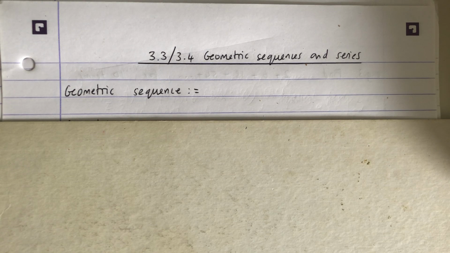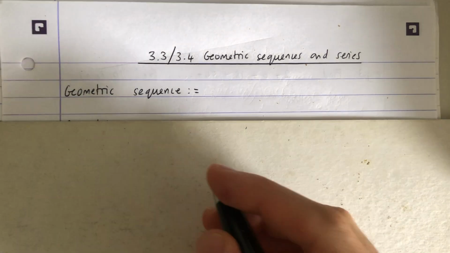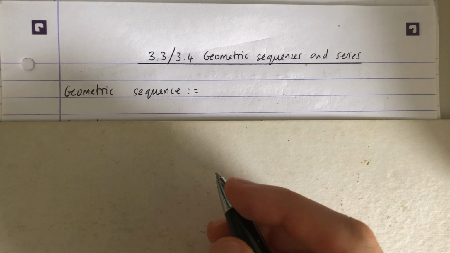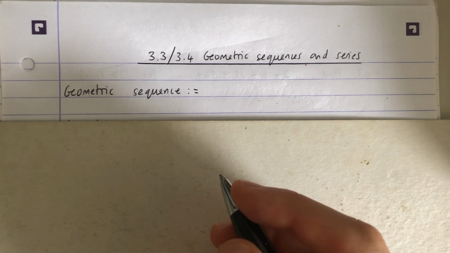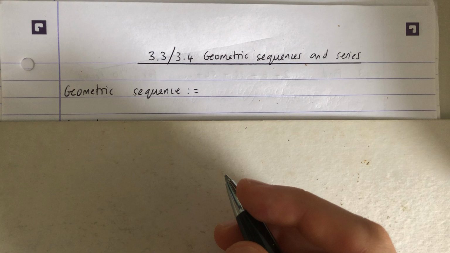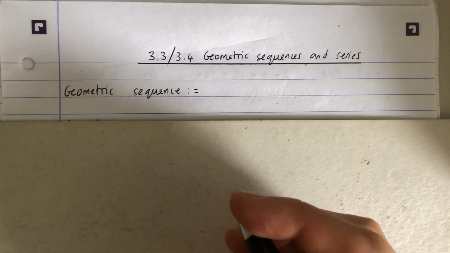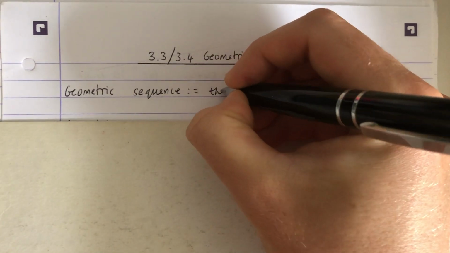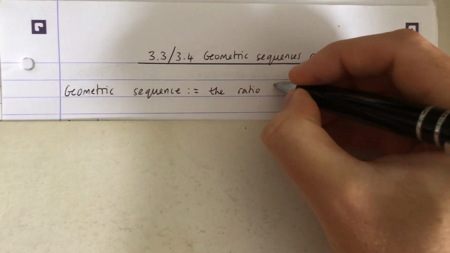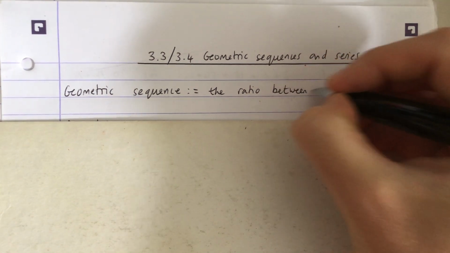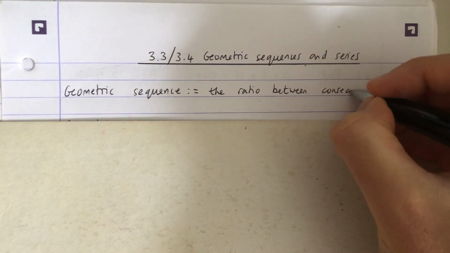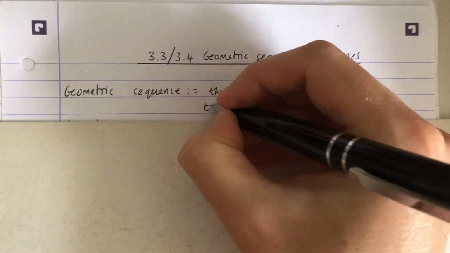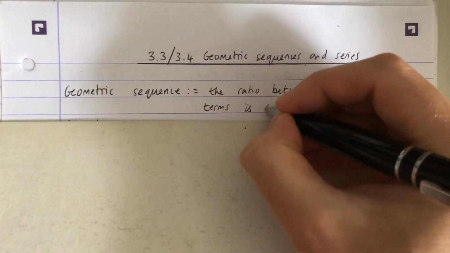So the definition of a geometric sequence is, well, if you remember arithmetic sequence, it was the difference between consecutive terms that was constant. So that meant you had to do a subtraction to work out the difference. For a geometric sequence, it is the ratio between consecutive terms that is constant.